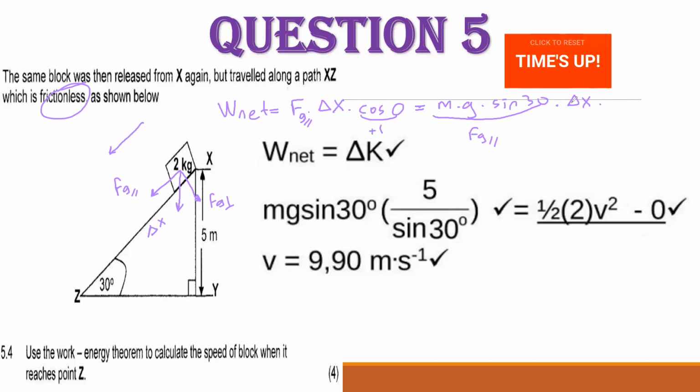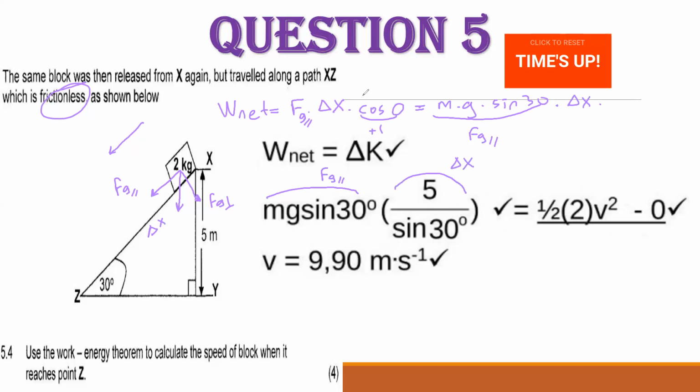So mg sine 30 delta x. As you see, they wrote mg sine 30 x; yes, we understand that, this is FG parallel. But what about 5 over sine 30? What is that? This is our delta x, guys.